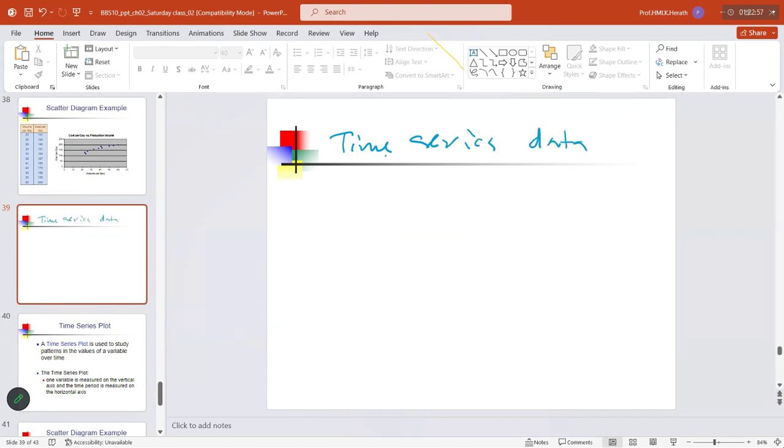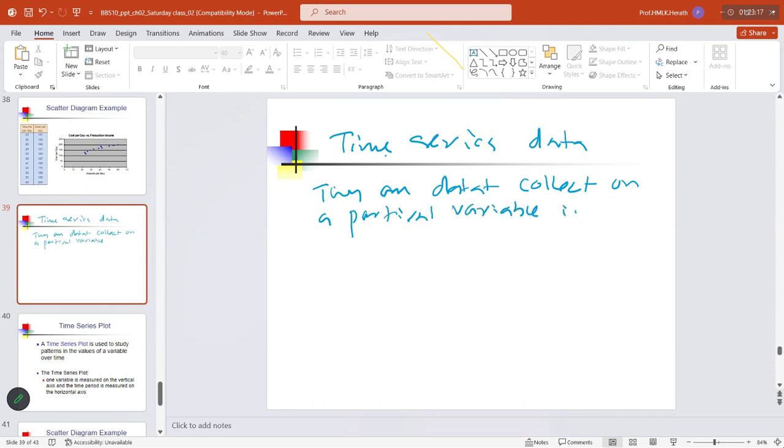They are data collected on a particular variable in time with equal intervals.